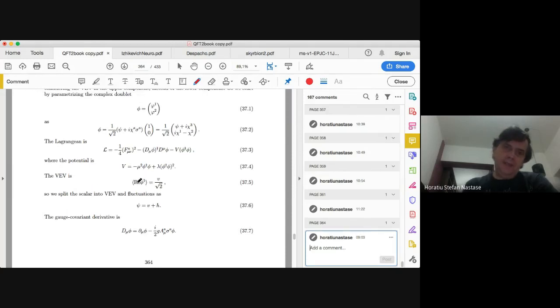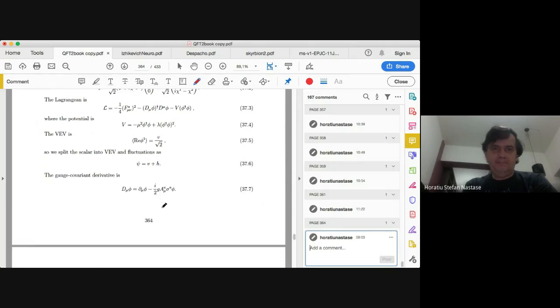And from the fact that the VEV of the real part of phi 1 is v over square root 2, it means psi is v plus H, as we said.